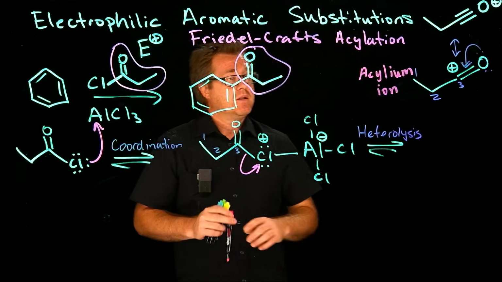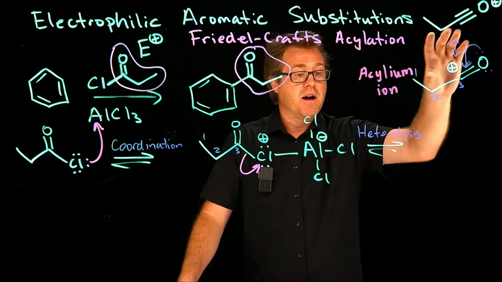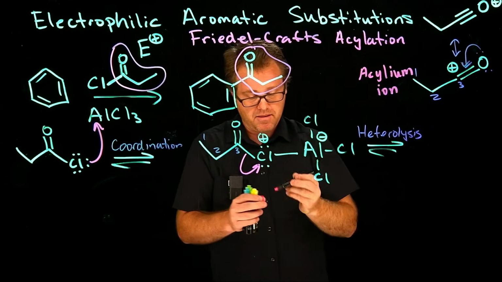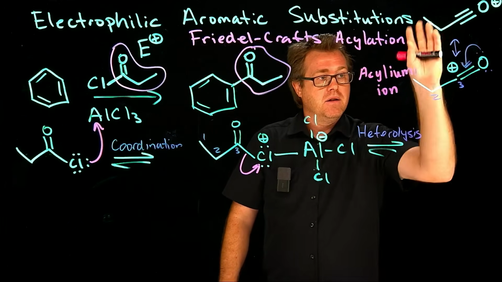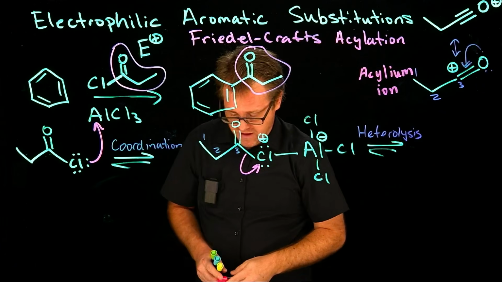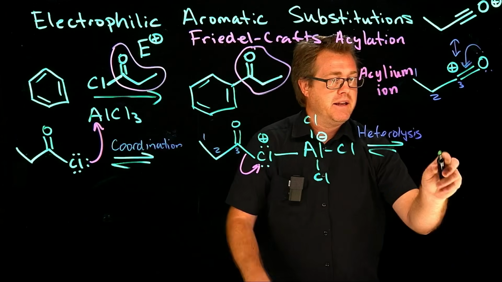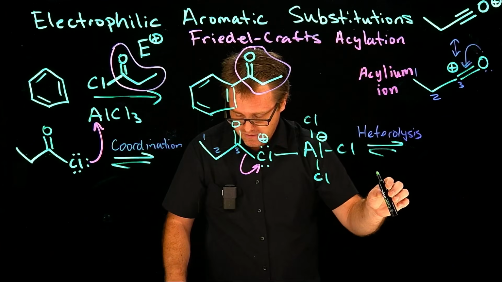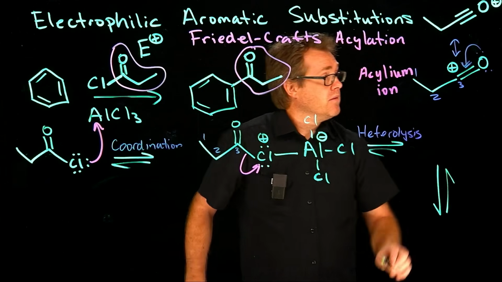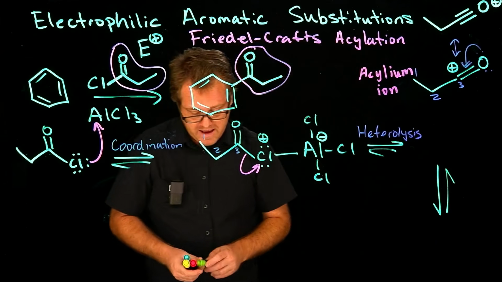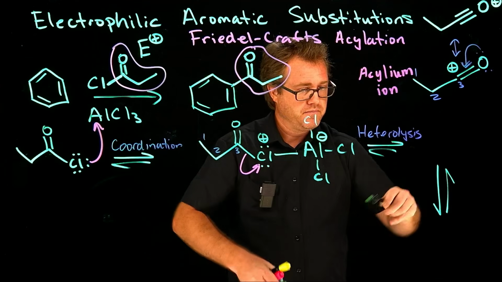All right, so that's what's going to happen. That's the product of the heterolysis step right there. So now we have generated a very good electrophile. Now that's when benzene can come back into play. And when benzene gets into play, let's draw benzene here.